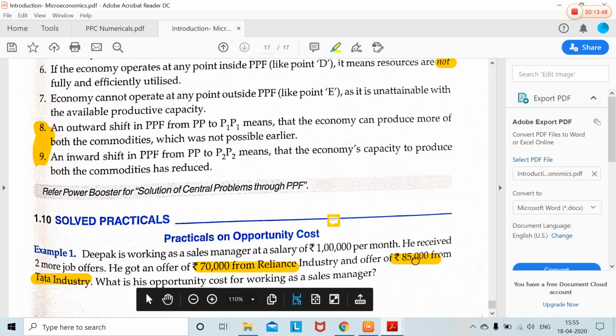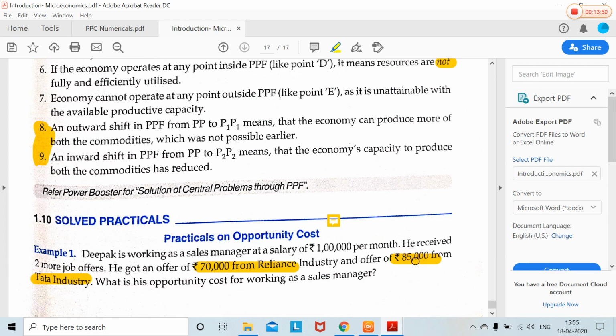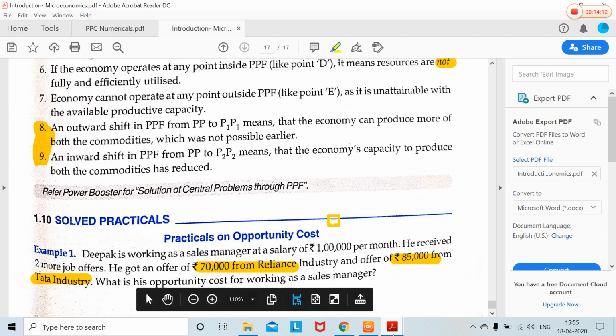If only this much information is given, we will assume that all other job conditions are similar. Like, we will not take distance into consideration as of now because no other information is given to us. So we will assume all the rest of the conditions are similar in all the 3 job offers. Only the amount varies. So the next best alternative is 85,000. So 85,000 rupees is Deepak's opportunity cost.